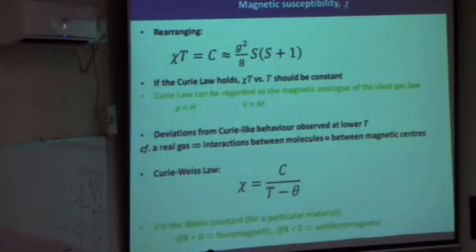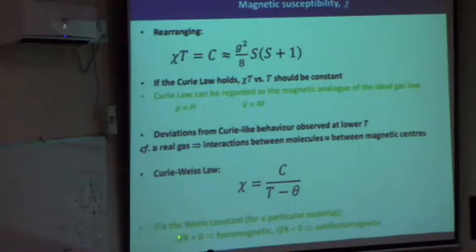If that material shows behavior that deviates away from ideal Curie behavior, we're getting so-called Curie-Weiss behavior, and now we introduce a second constant, which again is particular to the material. So you can define the material now in terms of two constants and not one. This term theta here is measured in units of Kelvin, but it is not a temperature. It is a constant specific to a material, not a temperature.